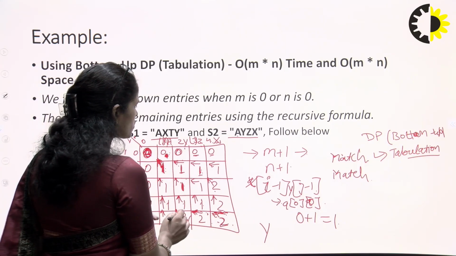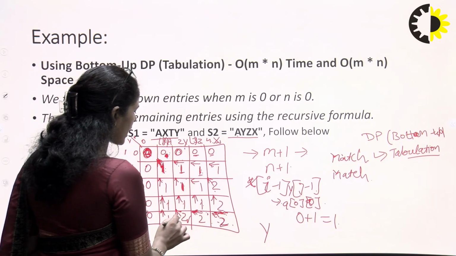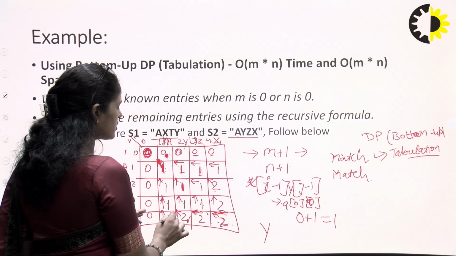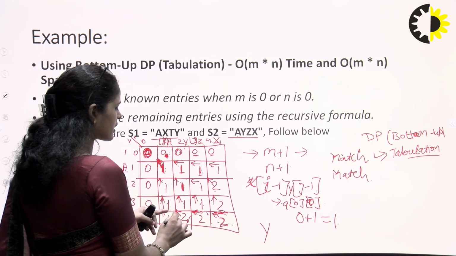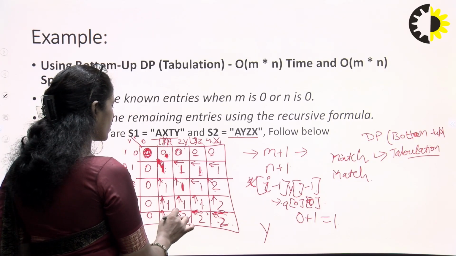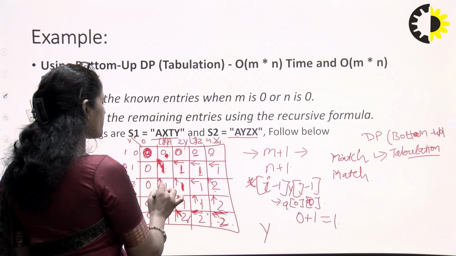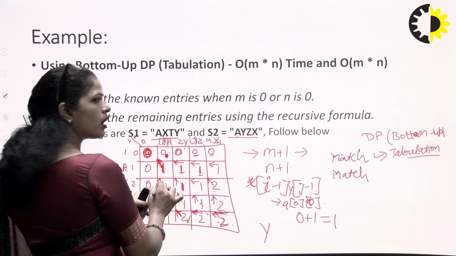But which one is the character which has the match? So basically we are calculating according to this direction, and where we have a diagonal direction we are taking it as output. So according to this direction we are moving to this cell. So this cell is representing that we have to go up, right.